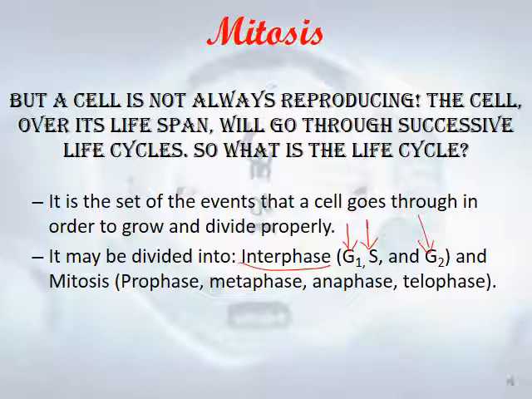And we have mitosis, which includes prophase, metaphase, anaphase, and telophase, and they should be in order. So we can write it as PMAT: prophase, metaphase, anaphase, and telophase.